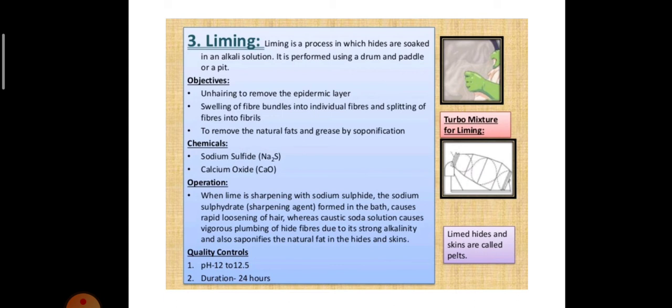Now the third important process is the liming process. Liming is a process in which hides are soaked in an alkali solution. It is performed using a drum and paddle or a pit.